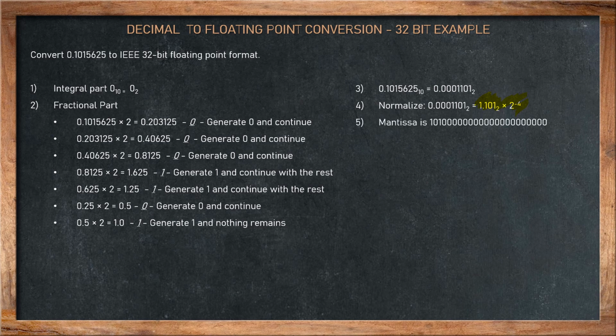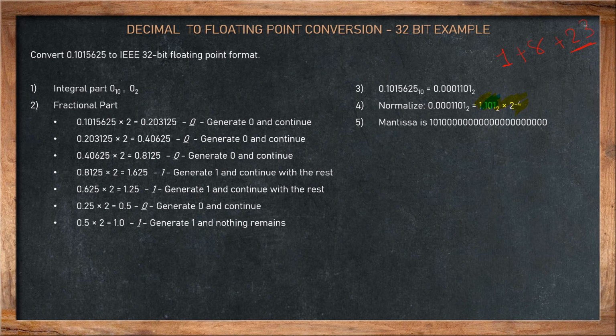Mantissa means the numbers after the radix point. Here we got only 101, but because we are working with 32 bits, the format is 1 plus 8 plus 23, meaning for the mantissa we have 23 places, and here we got only 3 bits. So the rest, a total of 20 locations, will be filled by 0.